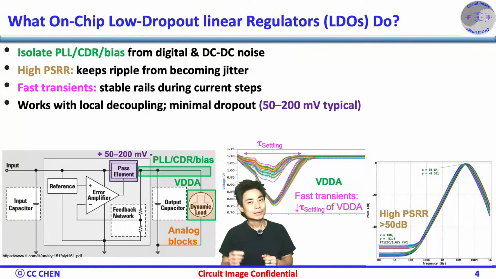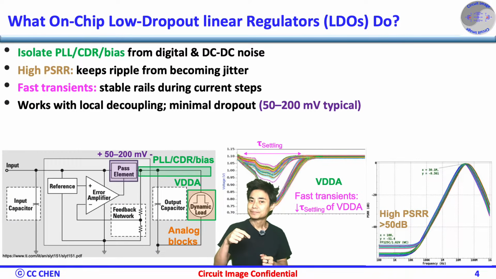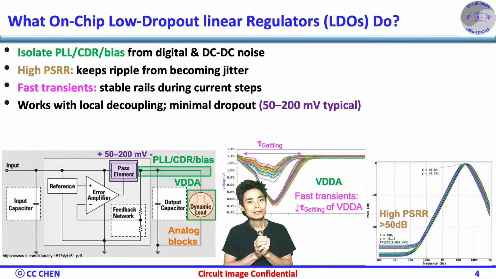This is where the on-chip LDO comes in. Its primary job is to act as a shield. It isolates the critical timing circuits, the PLL and CDR, from all the digital and power supply noise. It achieves this through two key features.